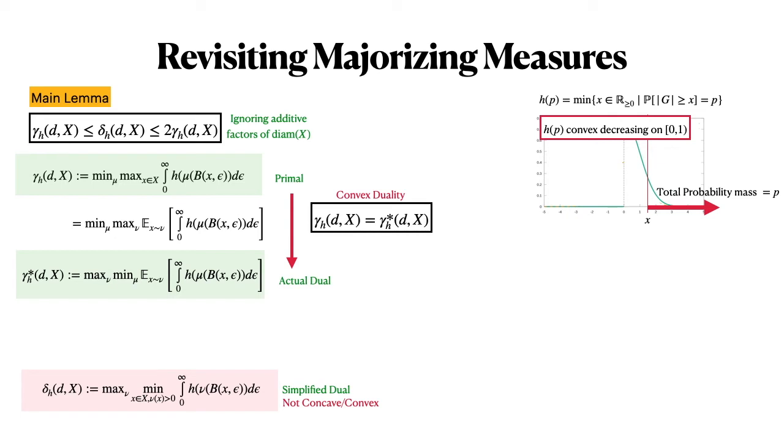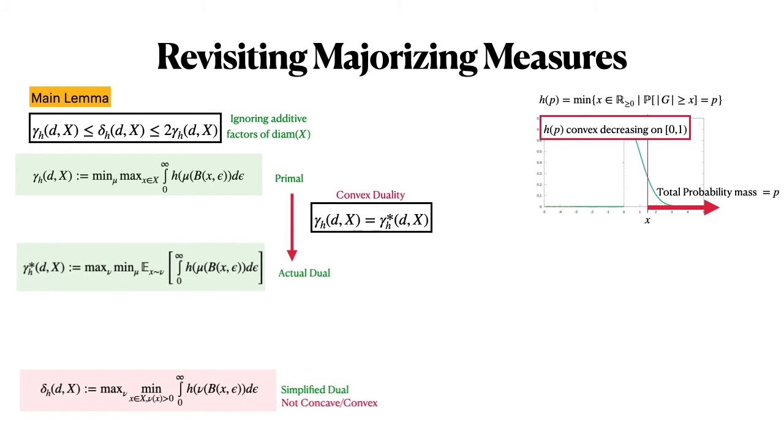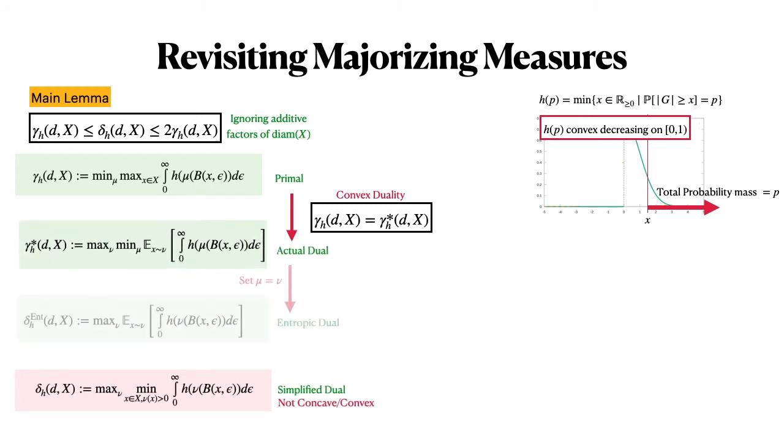Okay. So now this dual looks much more complicated because there are two different probability measures, mu and nu. But one can ask, what does the minimizer mu look like there? In particular, what happens if one sets mu to be the outer measure nu?